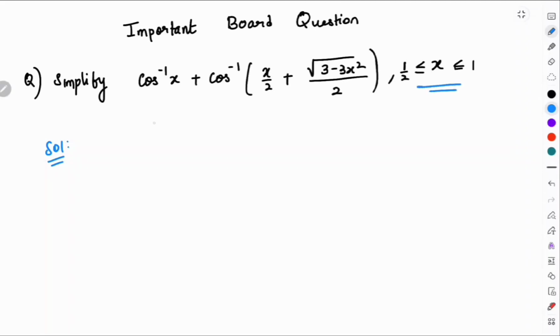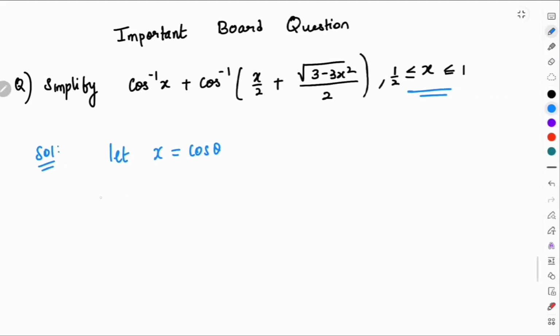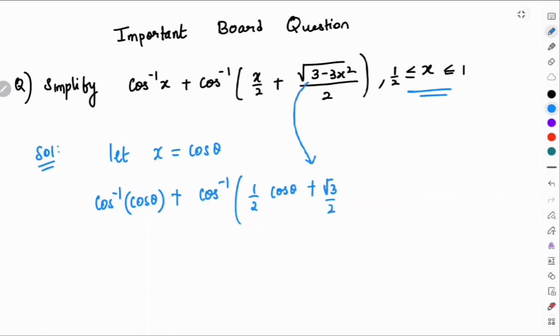Okay, so now here let's take x to be cos theta. So what we get is cos inverse of cos theta plus cos inverse of, I can write half cos theta plus, I can take root 3 from here, root 3 by 2, so root of 1 minus cos square theta.